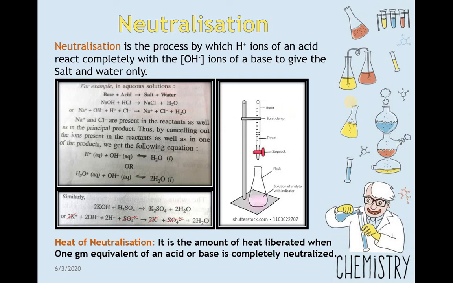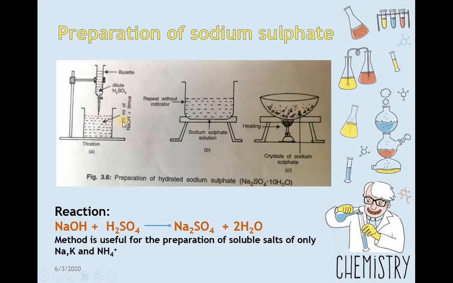So this is very important that you should take an indicator which will give color to the solution kept in the conical flask. That's why it is better to take phenolphthalein. You can take litmus also, no issues about it.